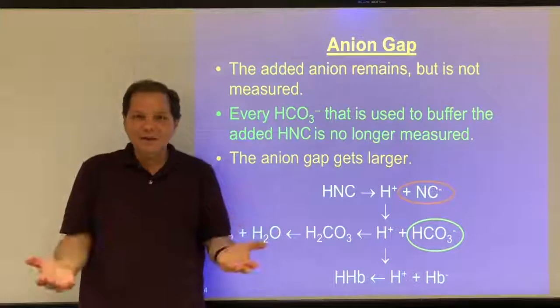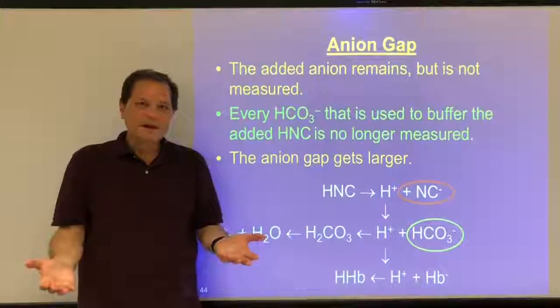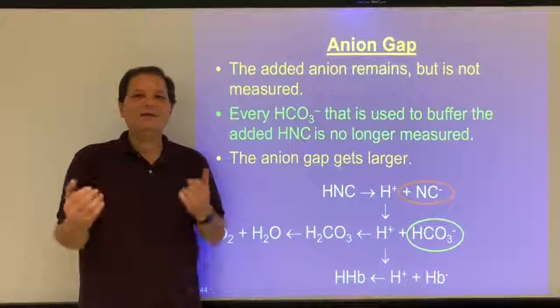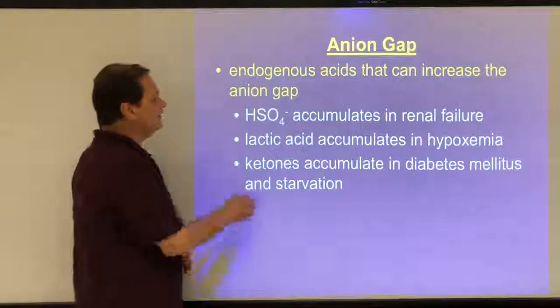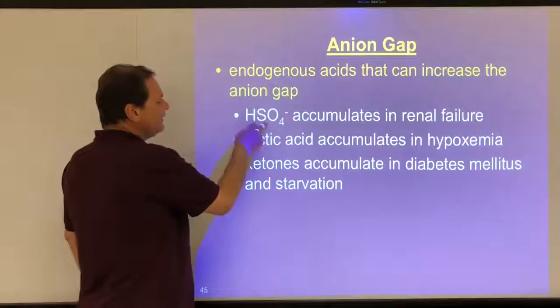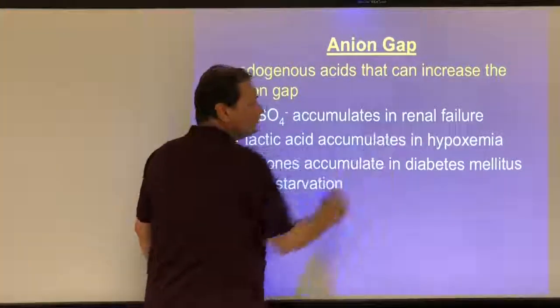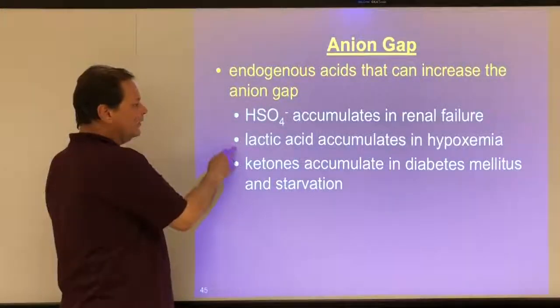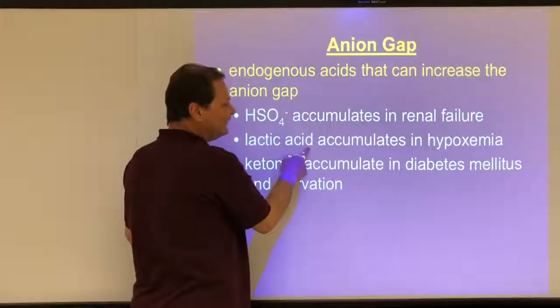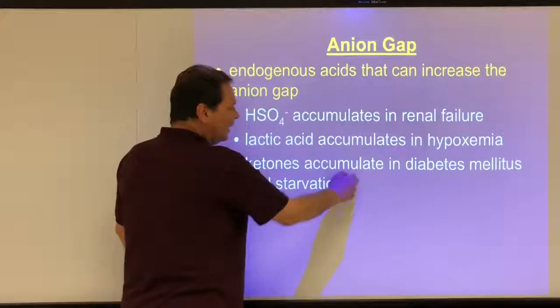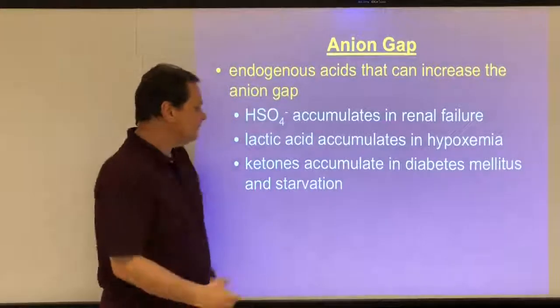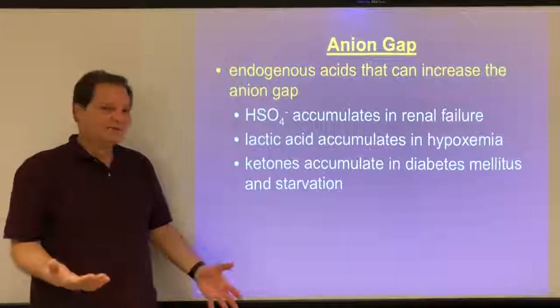So when you see a bigger anion gap, that's an indication that you have an acidosis on your hands. That could be caused by an increase in hydrogen sulfate, which accumulates in renal failure. It could be due to an increase in lactic acid, which accumulates in hypoxemia. It could be due to ketones, which accumulate in diabetes and in starvation.